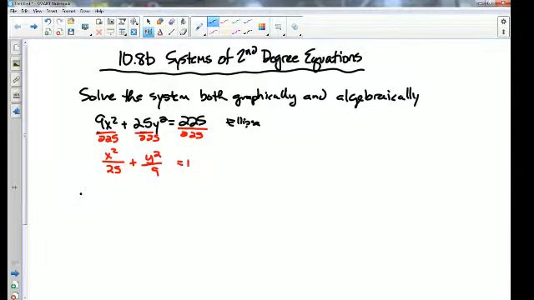Here's the other equation. What shape is that?